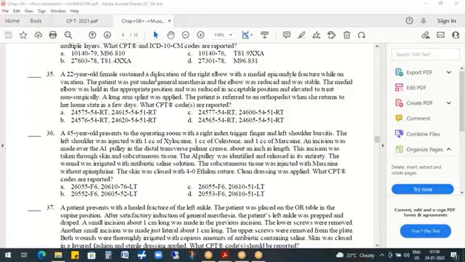Can you read that code description? Hello, Sunil.